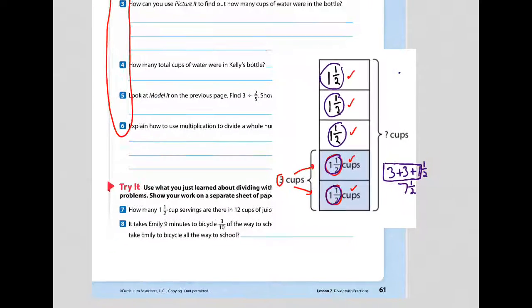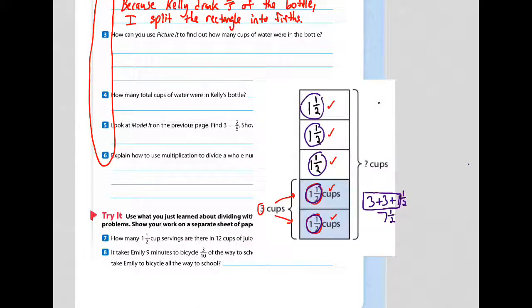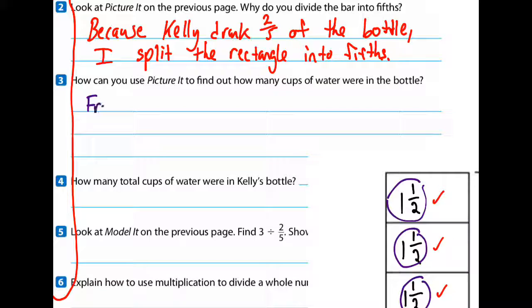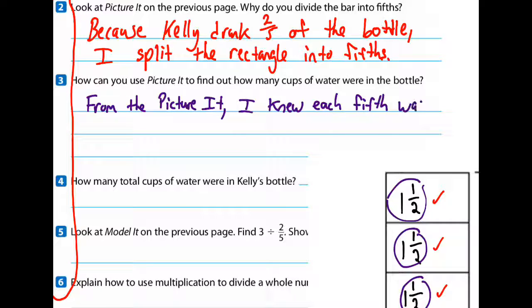So what I'm going to say for my answer for 3, which might be totally different than what you did, is I'm going to say from the Picture It, I knew each fifth was 1.5 cups.